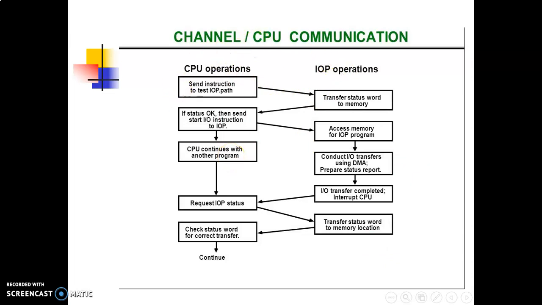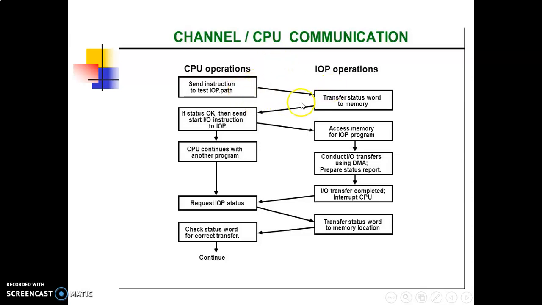Okay, this diagram shows basically the sequence of operations that may be carried out, as in that particular flowchart. Very first, as we can see here, every time the CPU initiates, that is a very important thing. The CPU always initiates that particular cycle or flowchart. The CPU sends an instruction to test the IOP path.